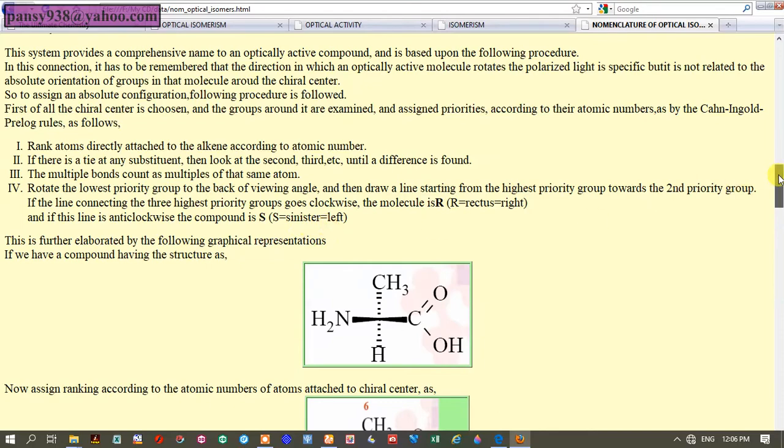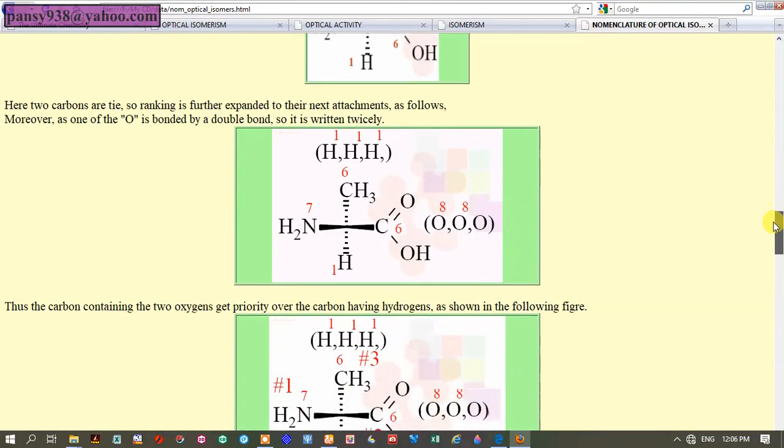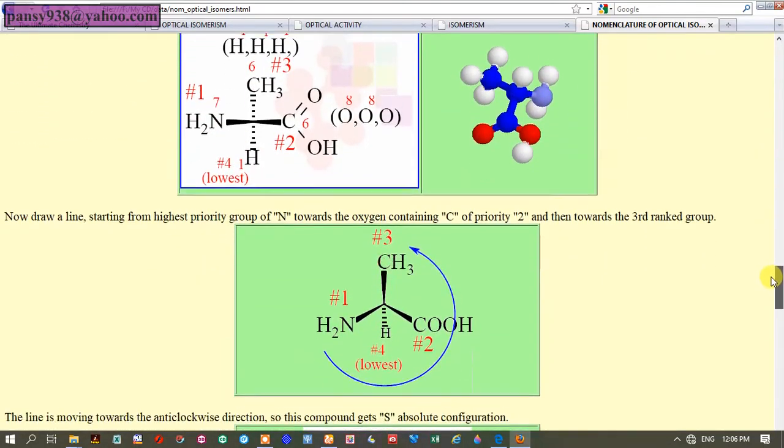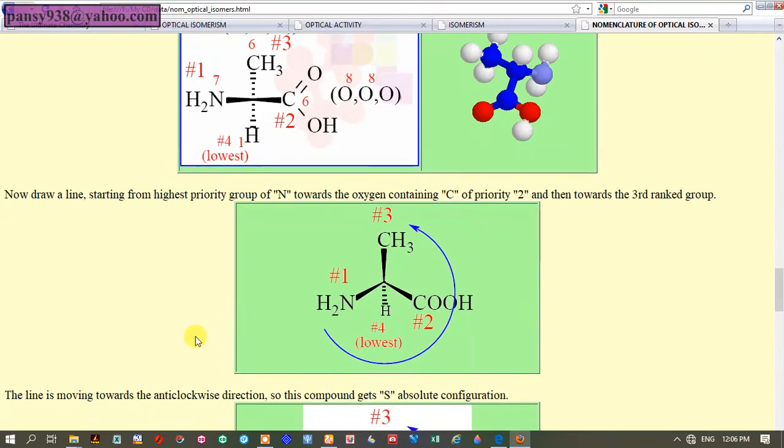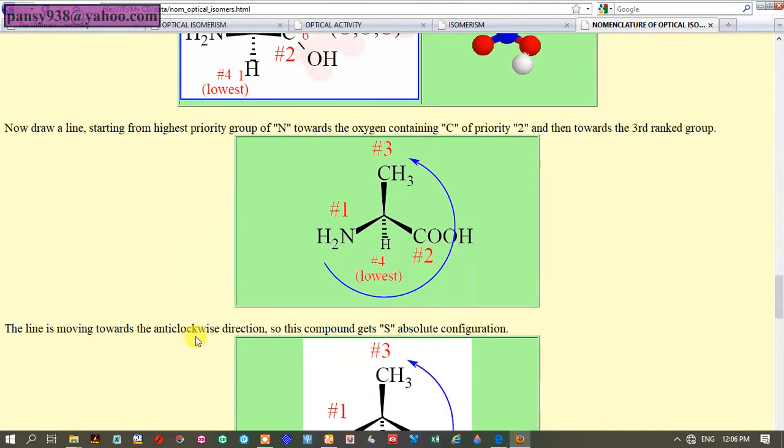Actually, we use the direction to represent from the lowest to highest priority groups.